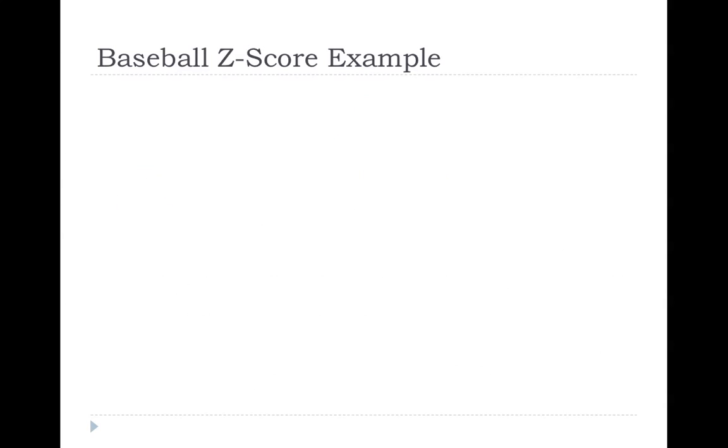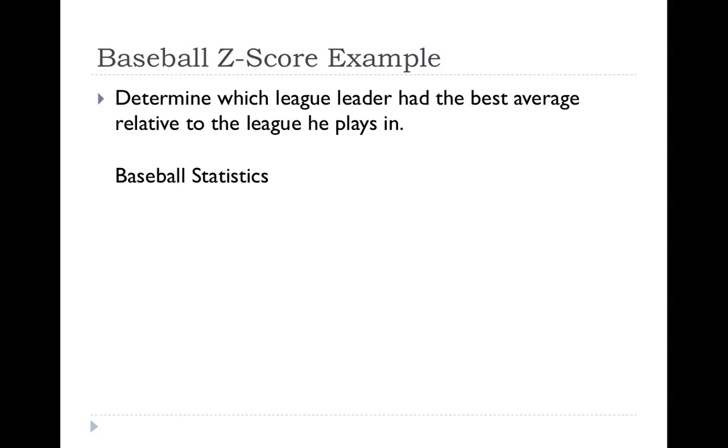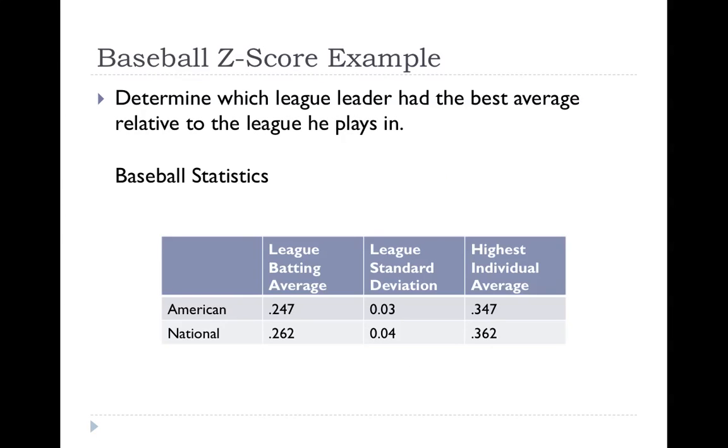Okay, let's look at a baseball z-score example. Determine which league leader had the best average relative to the league he plays in. So looking at this table, we have the league batting average for the American League and the National League. So these two values right here represent league batting averages.